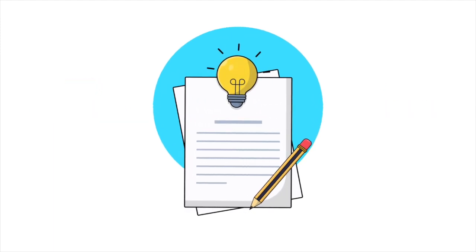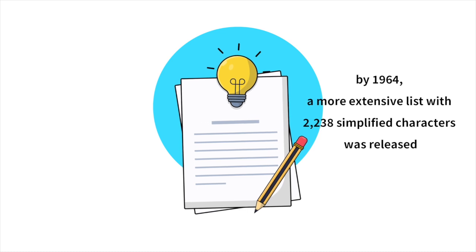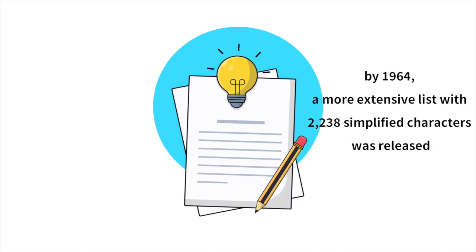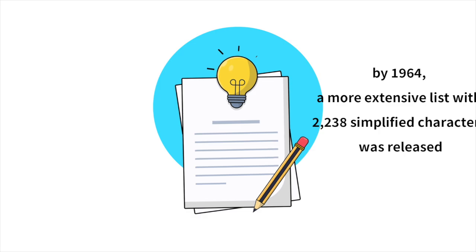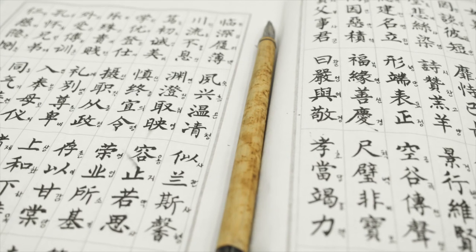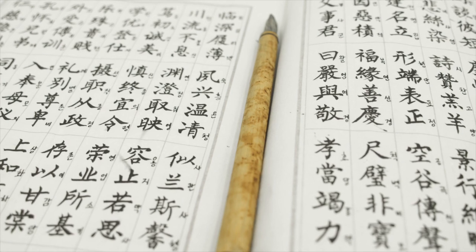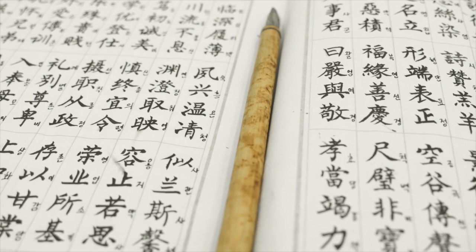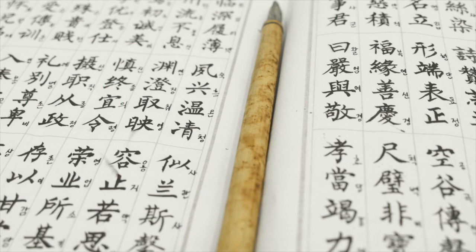This process continued, and by 1964, a more extensive list with 238 simplified characters was released. Simplification involved reducing strokes and simplifying complex components while maintaining readability.